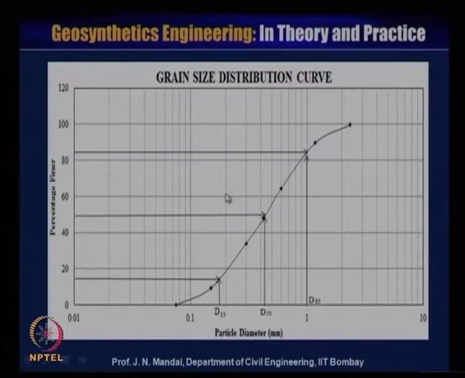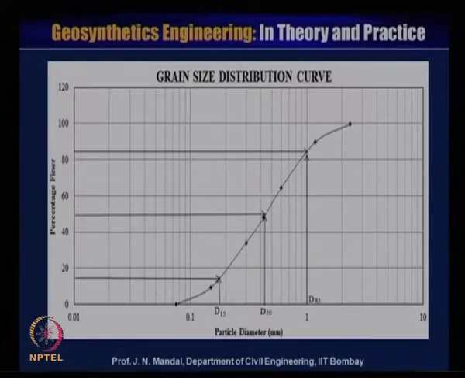So you can see this is the grain size distribution curve, this is the percentage finer, and this is the particle diameter in millimeter. For any filtration, drainage and erosion control system, one should conduct a thorough soil investigation and particularly the grain size distribution.